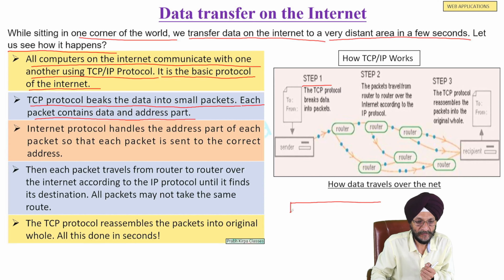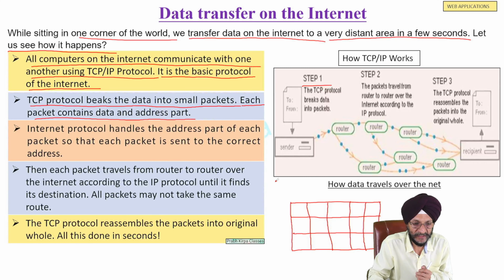Suppose this is the data. Now TCP protocol breaks this data into small packets. Let us assume that this was the data and it has been broken into small packets. These are the small packets. Now each packet contains data and address part.